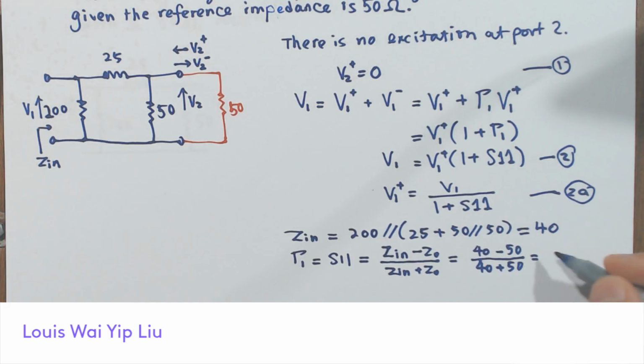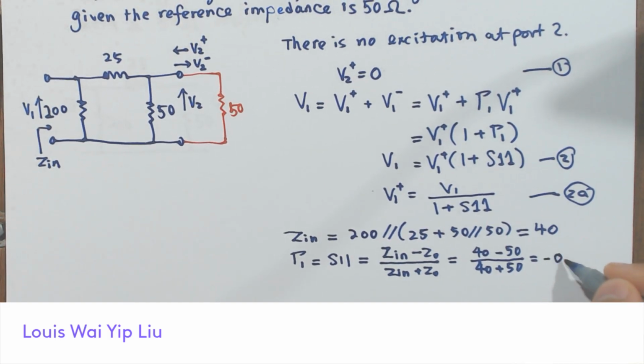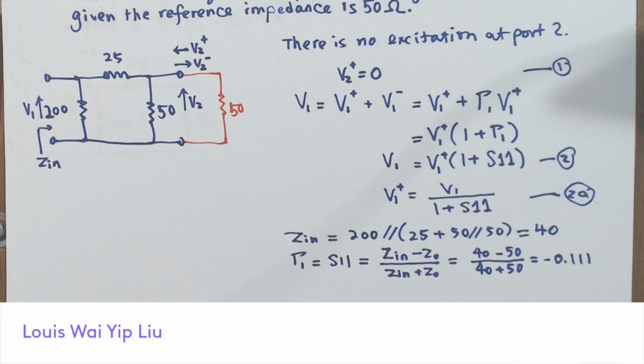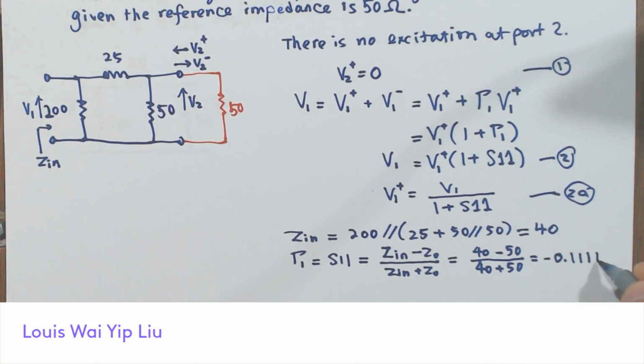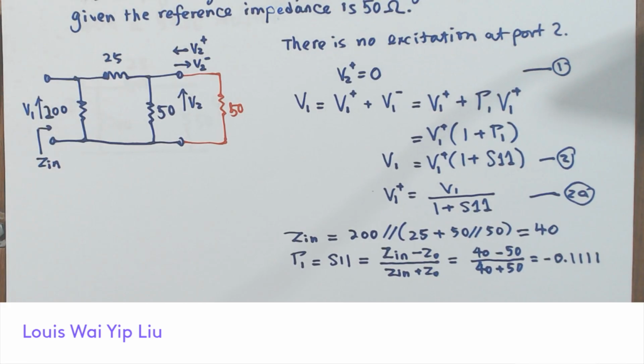So I got minus 0.1111. So S11 is equal to this amount.